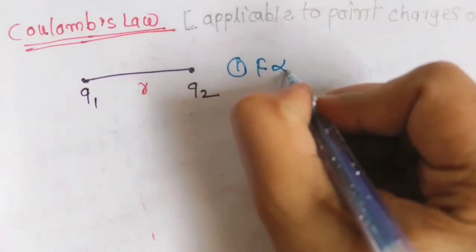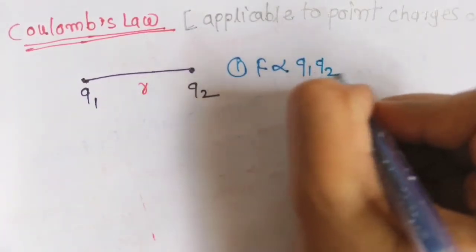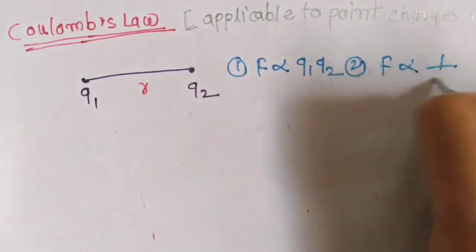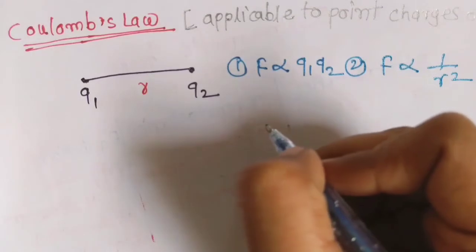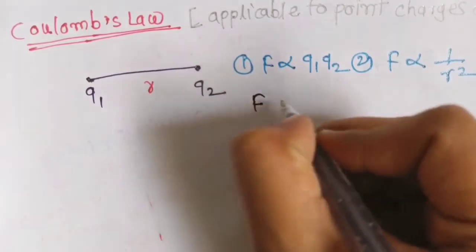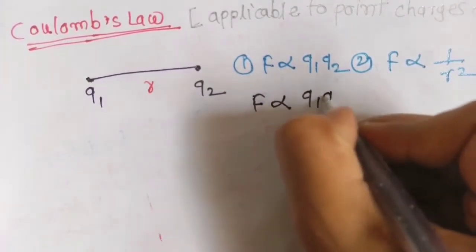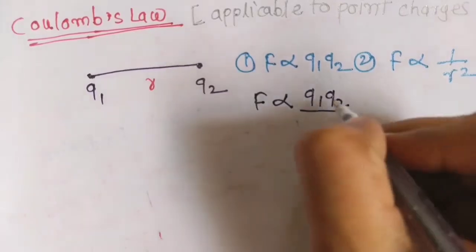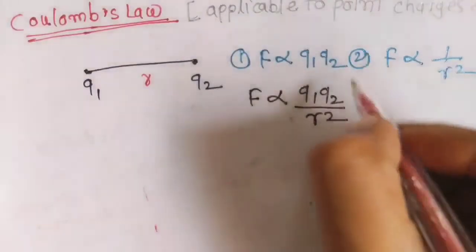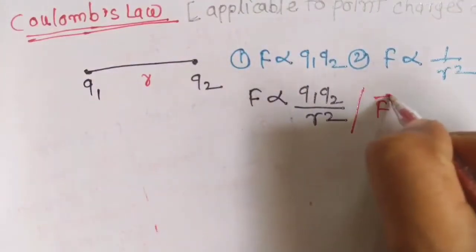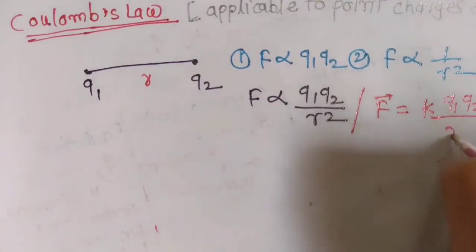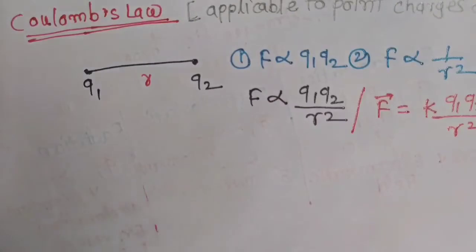We know that the force is directly proportional to the magnitude of charges, that is, F is directly proportional to Q1 and Q2, and the electrostatic force between these two charges is inversely proportional to the square of the distance between them. By combining 1 and 2, we can write F is directly proportional to Q1 Q2 upon r square, or F bar is equal to K into Q1 Q2 upon r square.